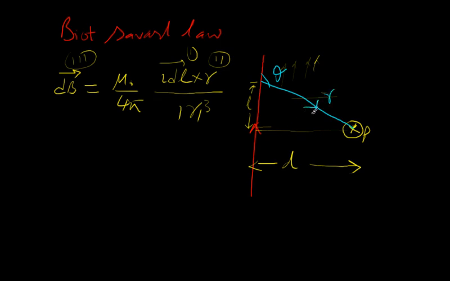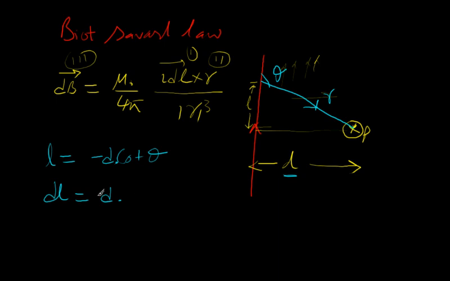If you take this into account, L will be equal to minus D cot theta. Then dL will be minus D d(cot theta), where D is the distance.